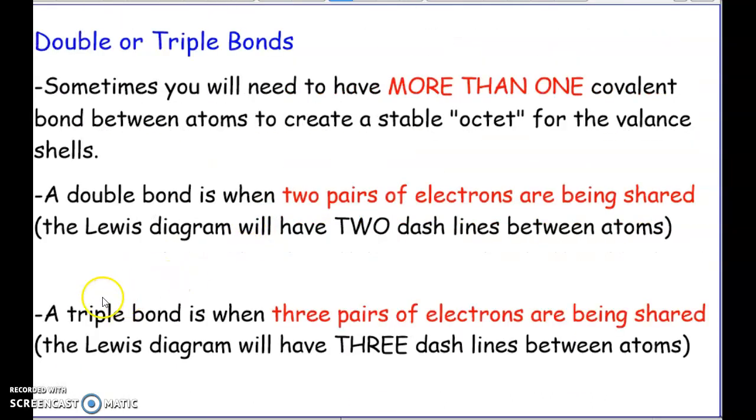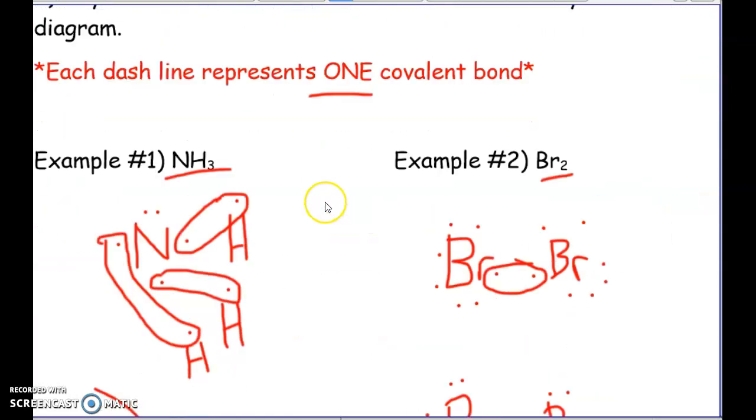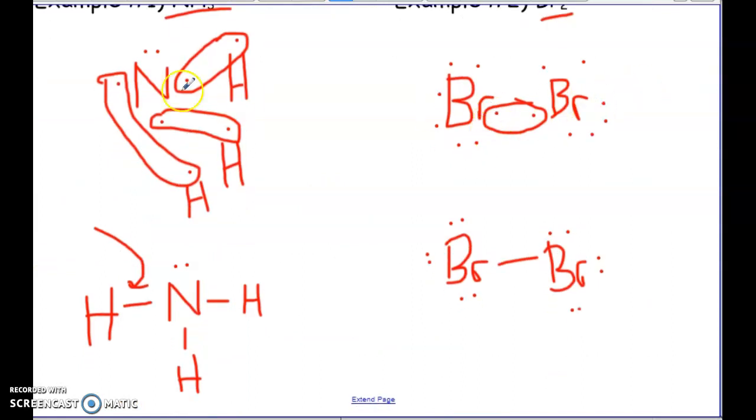All right, so double or triple bonds. I'm going to have you try out a few more on your own after I go through these examples. A double bond essentially means that you are now sharing 2 sets of electrons between atoms. Over here, do you see how we have 1 circle being drawn, 1 dash line?